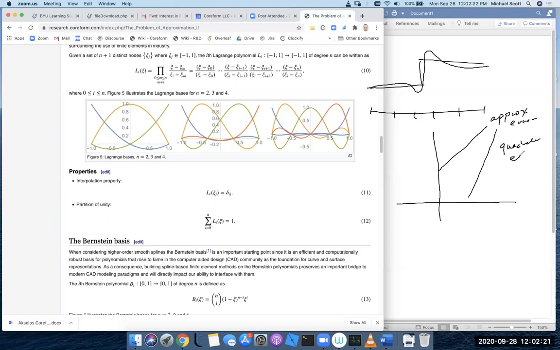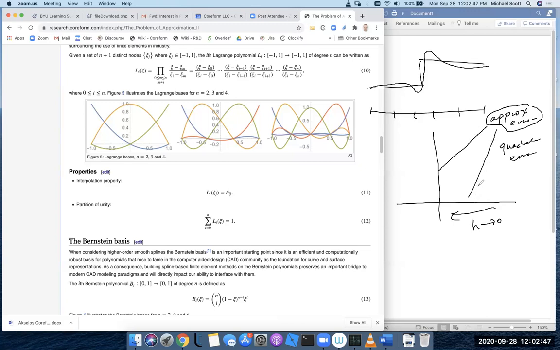So asymptotically, as h goes to 0, your quadrature error will be dominated by your approximation error, and that's what you want. You want the approximation error of your method to dominate. That should be the rate that you see asymptotically, and quadrature should always be out of the picture.